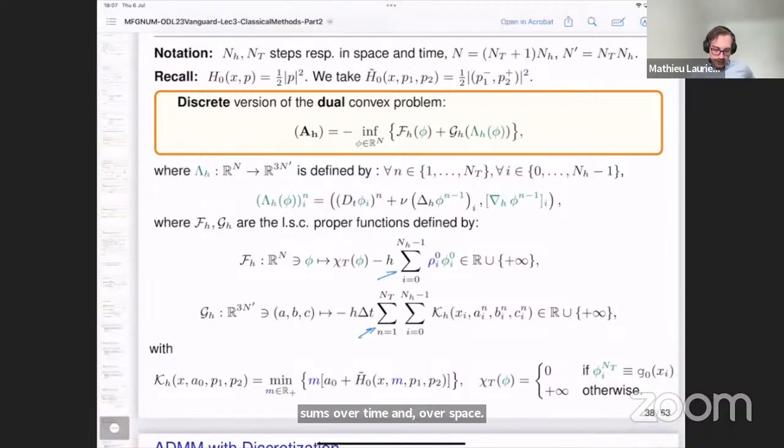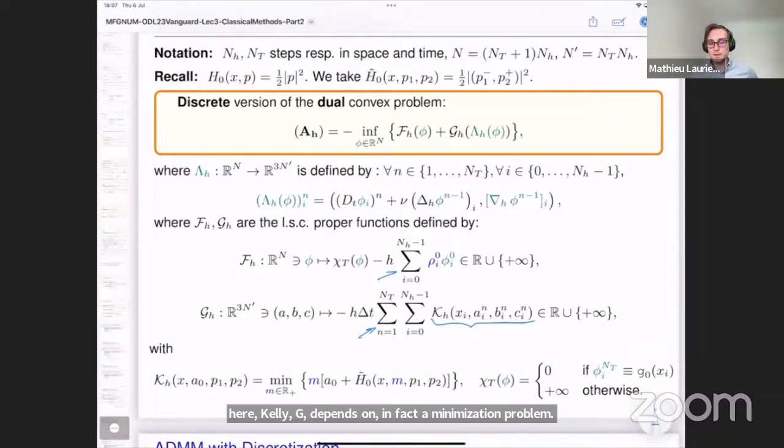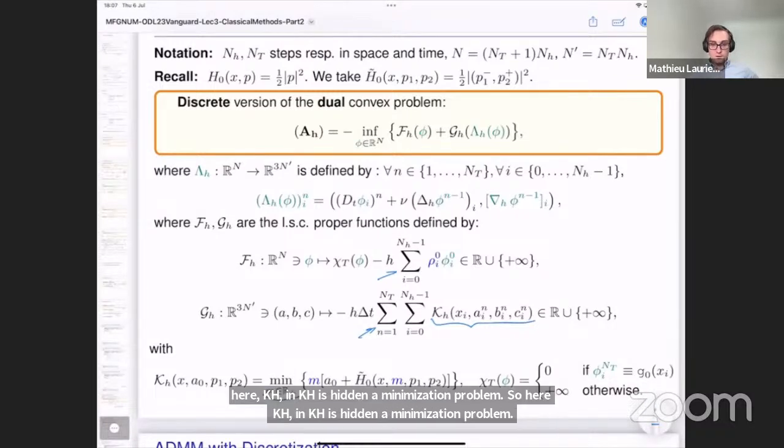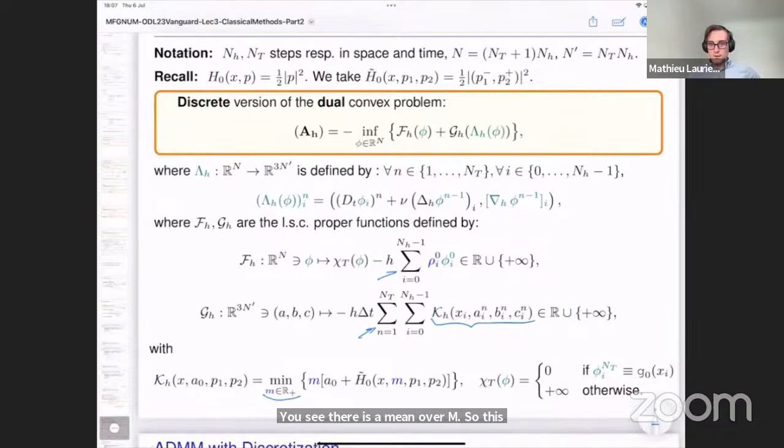Okay, here calligraphic G depends on, in fact, a minimization problem. So here in KH is hidden a minimization problem. You see there is a mean over M. So this might be a little bit scary because later on, this would mean that in the ADMM method, we are even going to need to solve a minimization problem inside.